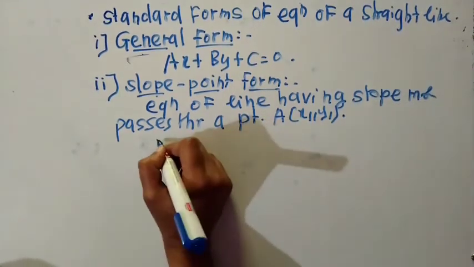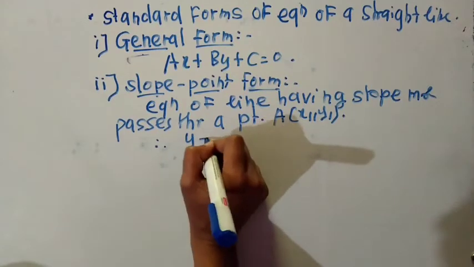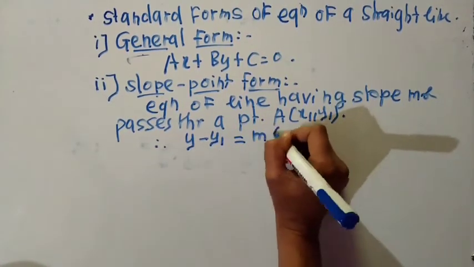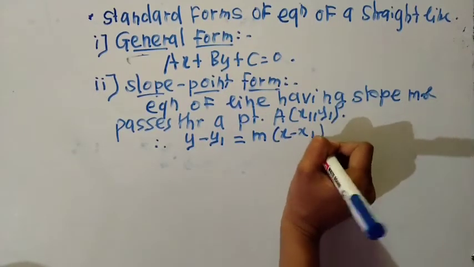Then the slope point form is y minus y1 is equal to m into x minus x1.